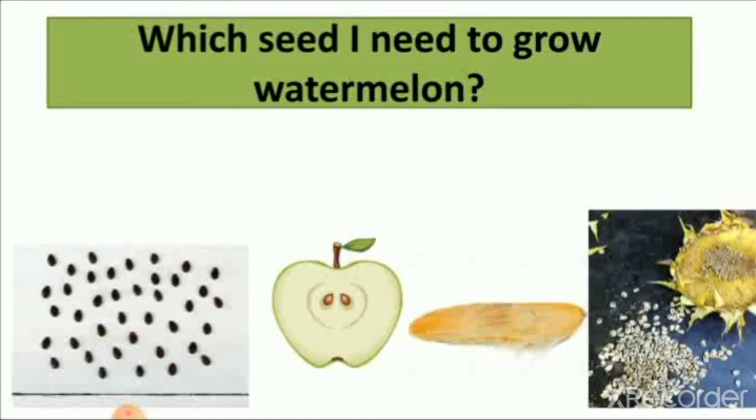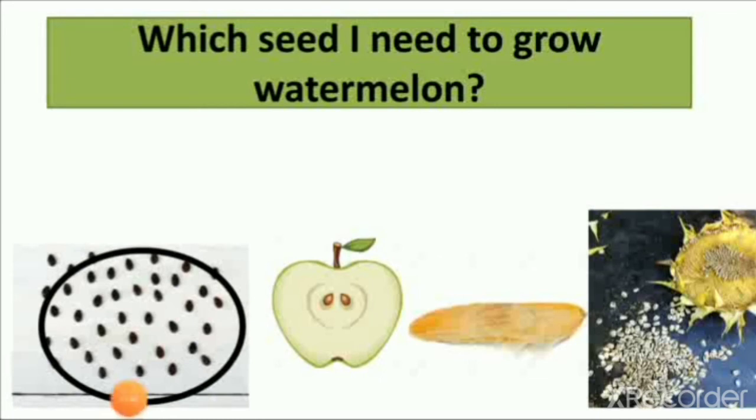So I want to grow watermelon. Can I take a mango seed for growing watermelon? No. So I use a sunflower seed? Then watermelon grows? No. We need a watermelon seed to grow watermelon. You cannot use an apple seed to grow watermelon.